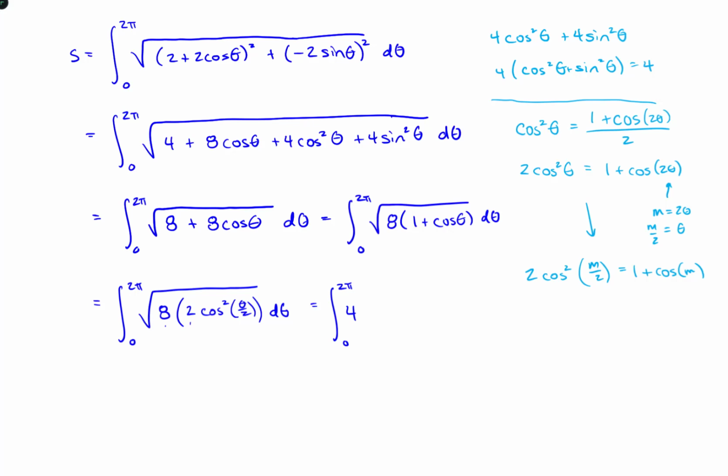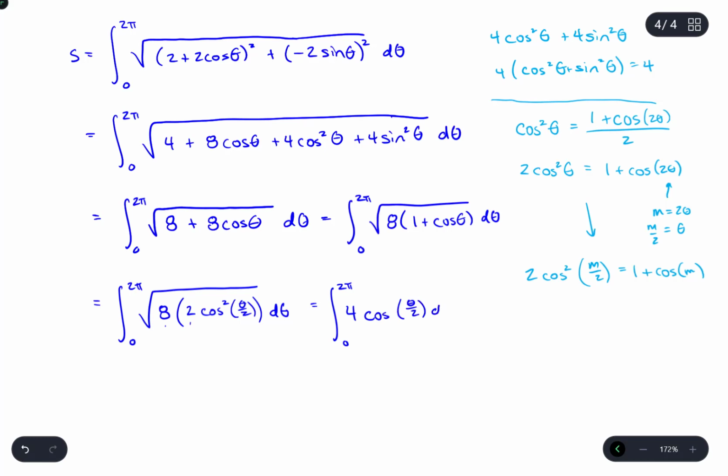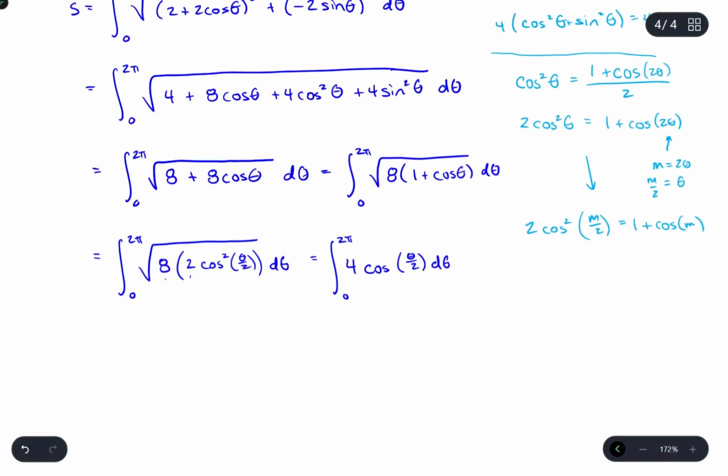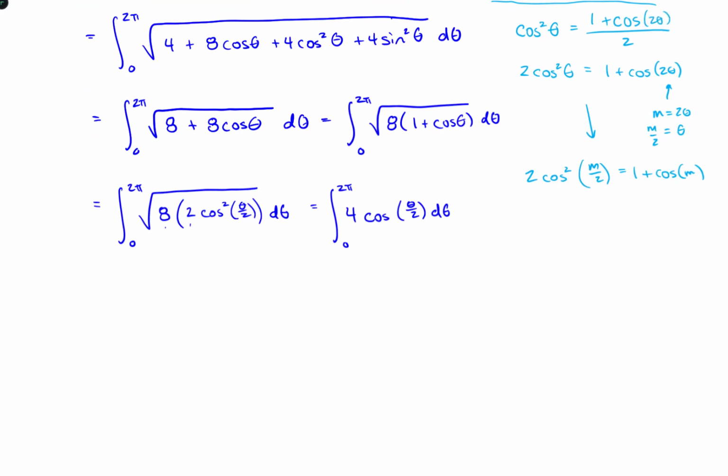And then left over is cosine squared of theta over 2, which means that the square root of that would be cosine of theta over 2 d theta. And now I have no square roots left. And that enables me to finish out evaluating this arc length.